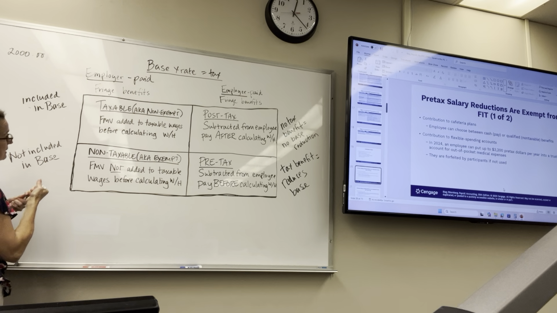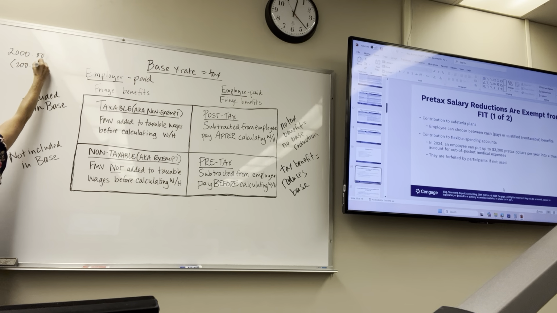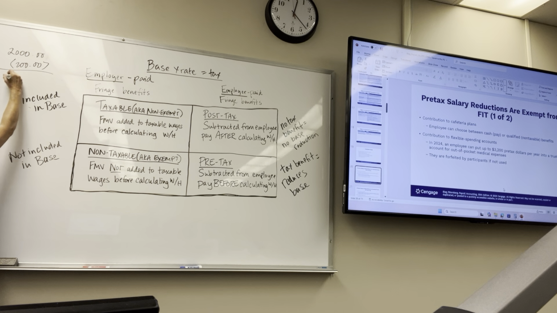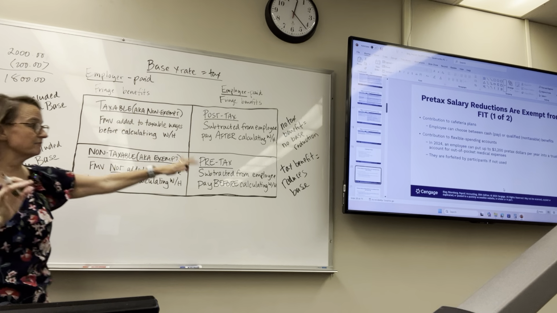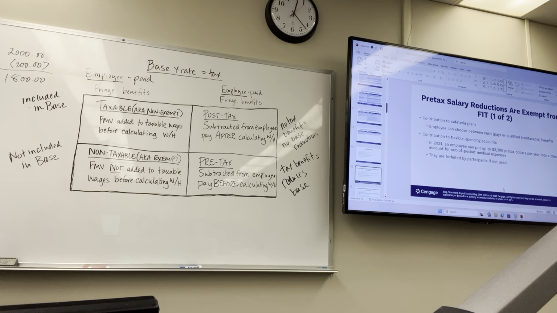You've got your $2,000 of wages. You pay $200 every paycheck for health insurance. Now your taxable base is $1,800, because that health insurance is within a cafeteria plan, it makes it pre-tax.